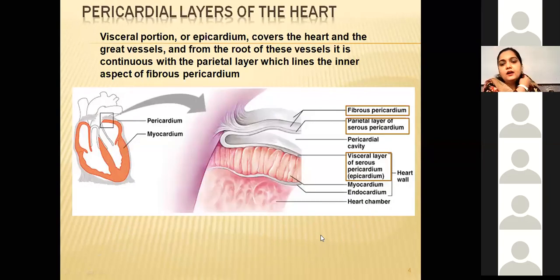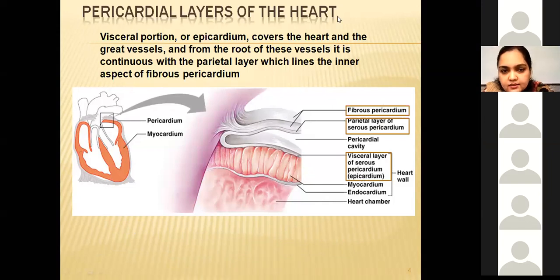Now again, this is a slide showing the fibrous pericardium. Both the parietal and the visceral layer of the serous pericardium, the visceral also termed epicardium. Look at this slide. Number one, the first layer, is the fibrous pericardium.